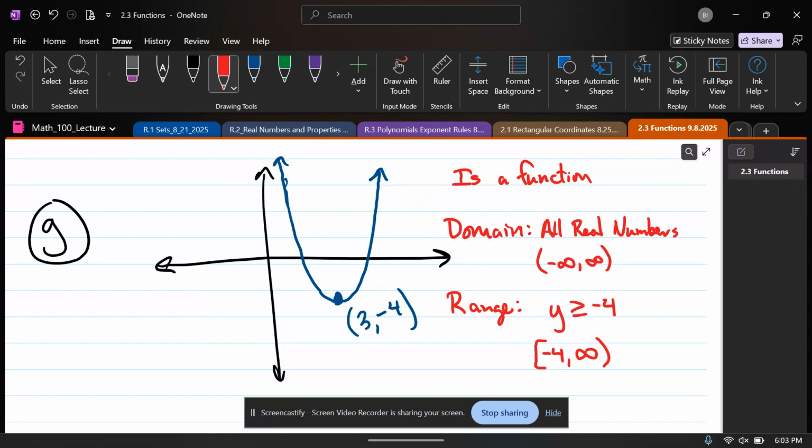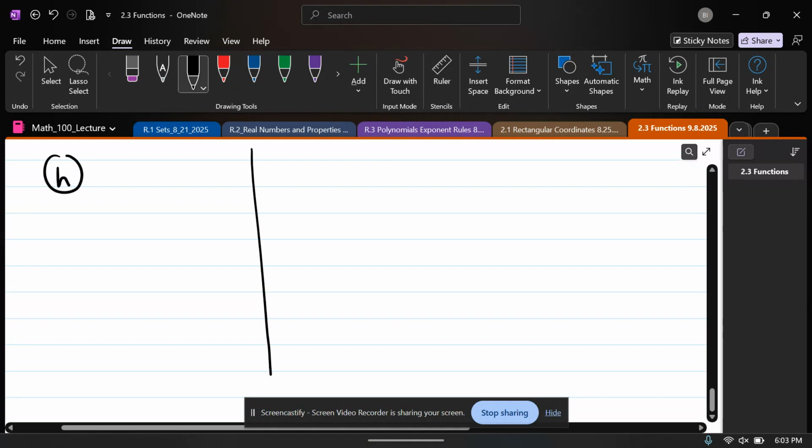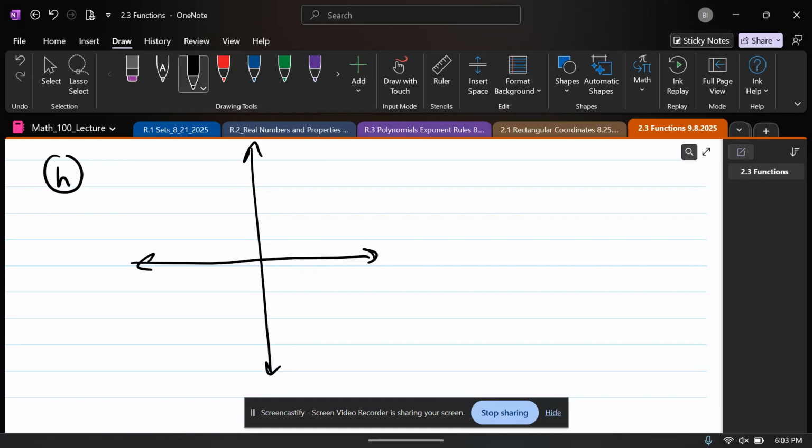Let's do one more. One more picture. Coordinate plane. I'm zoomed in. That's why I'm drawing big. It's football time.